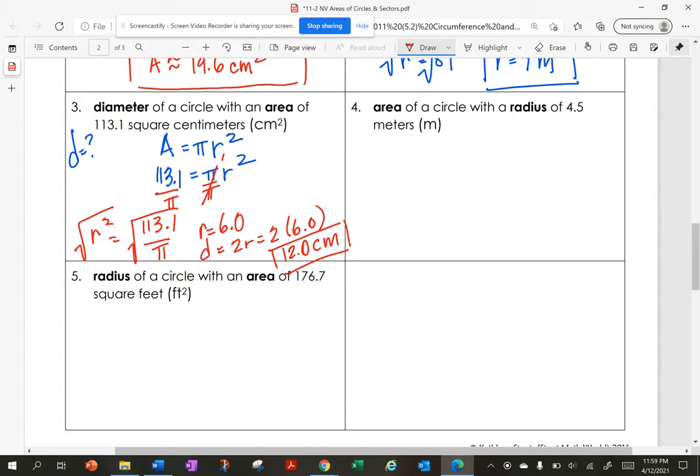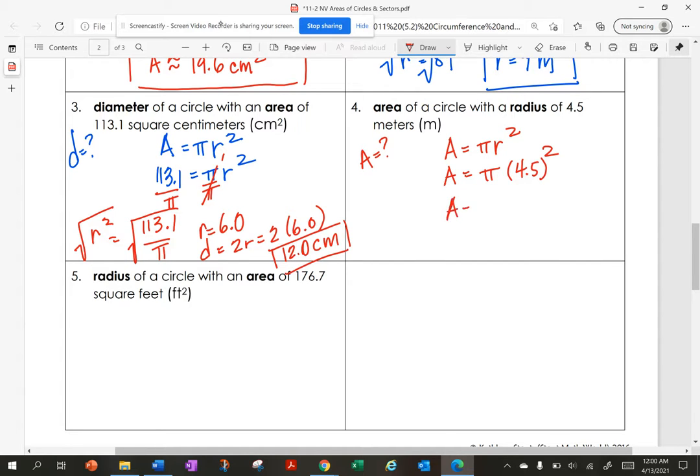Next, I'm going to find the area of a circle with a radius of 4.5 meters. So area equals what I'm looking for. So my equation is area equals pi r squared. And I'm going to substitute in. My area is pi 4.5 squared.